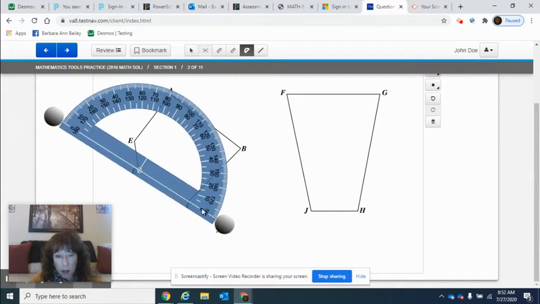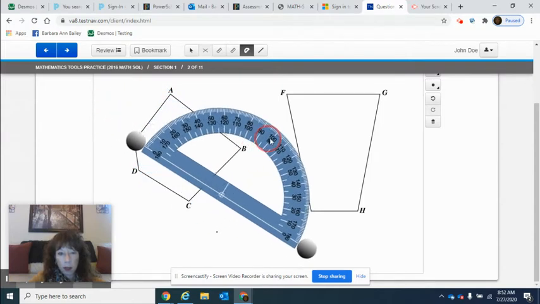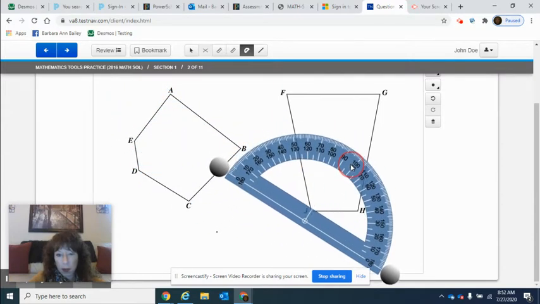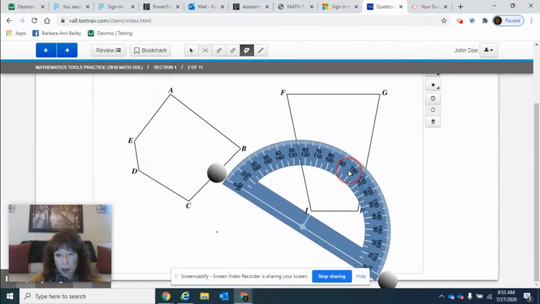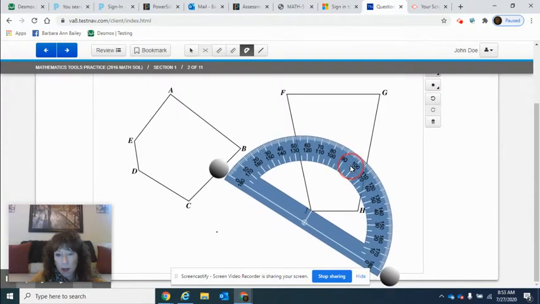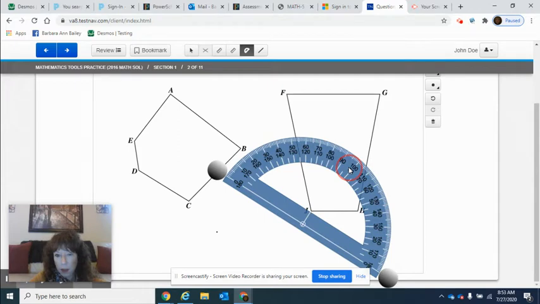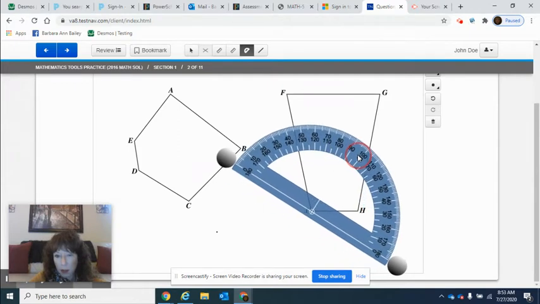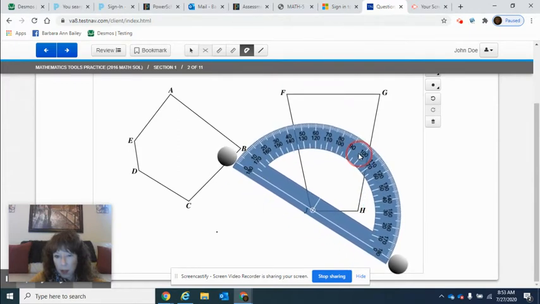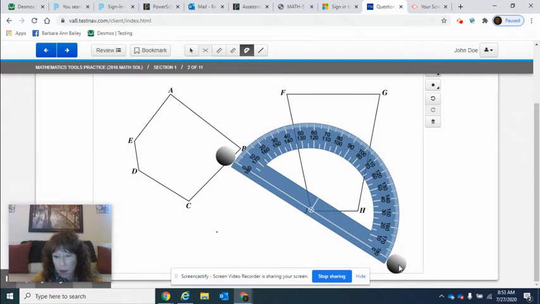Making sure that they're starting at 0 versus 180, those kind of things. So just a little bit of practice with this, having them play around, but guided practice, because it'd be very easy for them to line up this protractor incorrectly, maybe putting it here instead of putting that circle or bullseye thing right on the vertex of the angle.